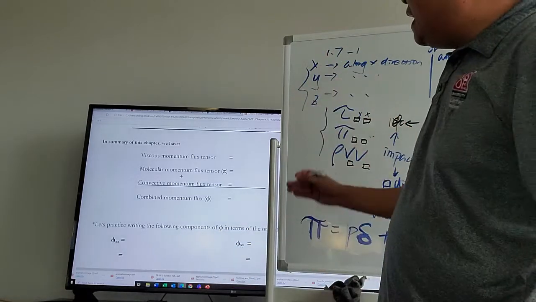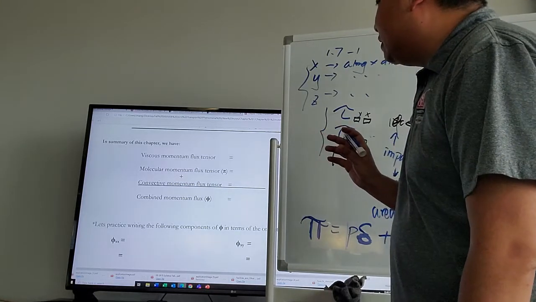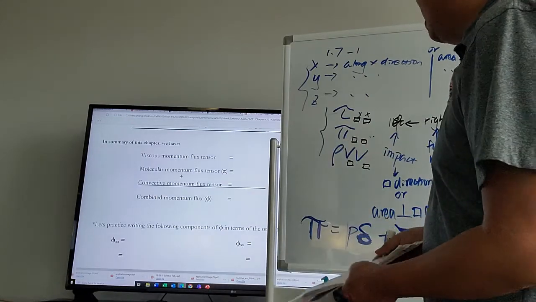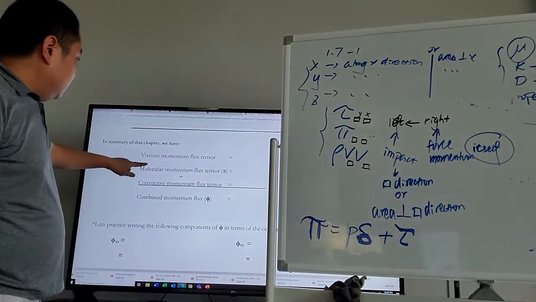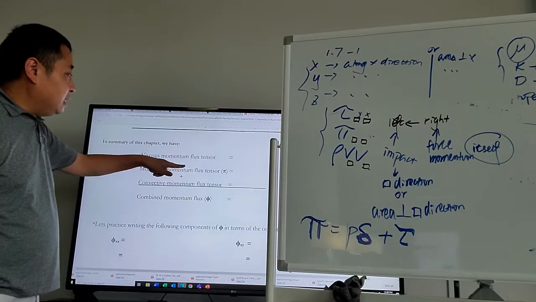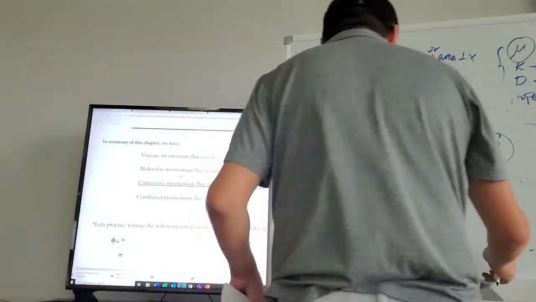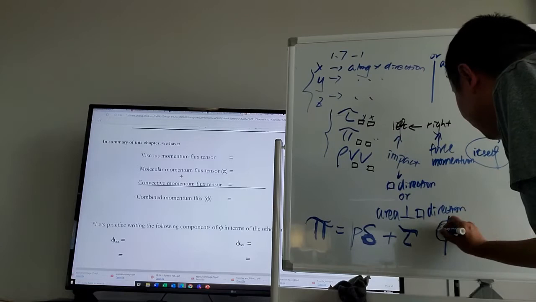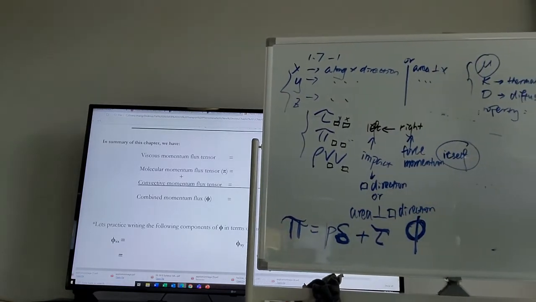If you combine the molecular and convective momentum flux tensors together, we call it the combined momentum flux tensor, for which we use the symbol phi, again bold.